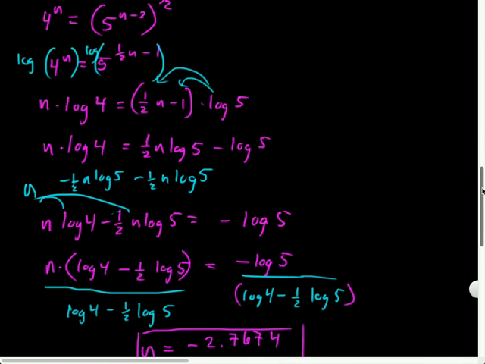This problem just had a little bit of pizzazz of simplifying a radical into an exponent first, which works quite nicely. But the idea is that when you have variables on both sides, you end up having to distribute and stack those logs together. The variable logs on one side, the non-variable logs on the other side, is the objective.